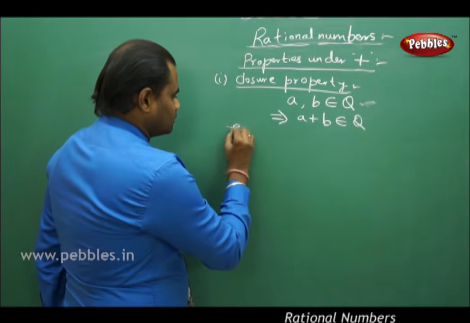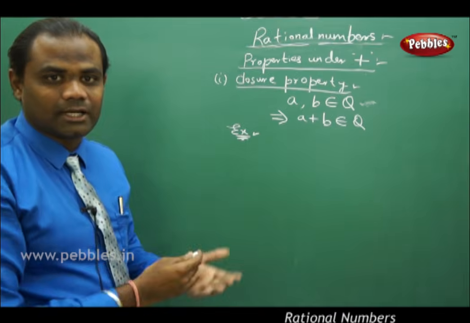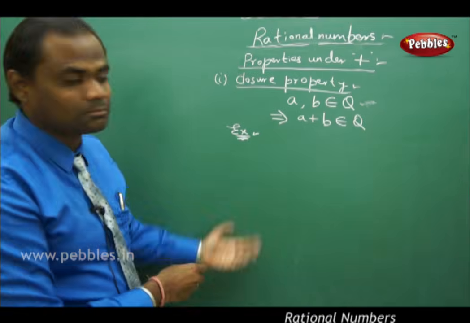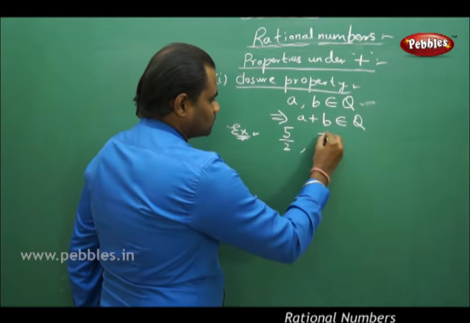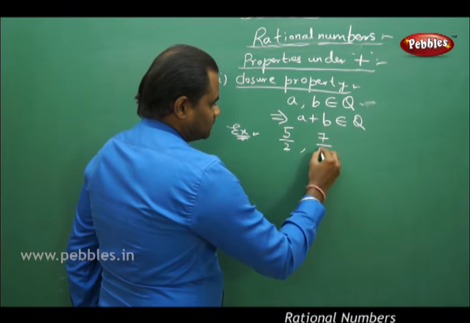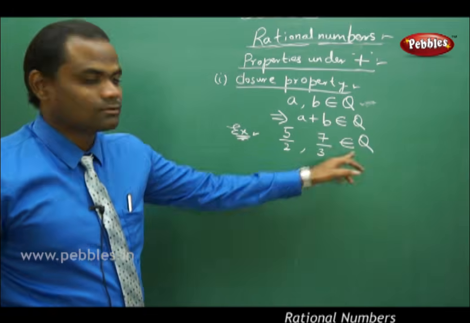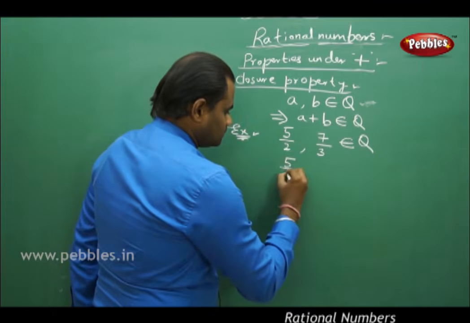You can verify this by taking two different rational numbers and verifying whether the addition also is a rational number. So let's cross check with an example. Let me take two rational numbers 5 by 2 and 7 by 3. We all know that these two are rational numbers written in the form p by q. Now let me add them.